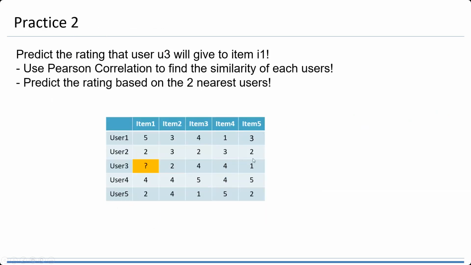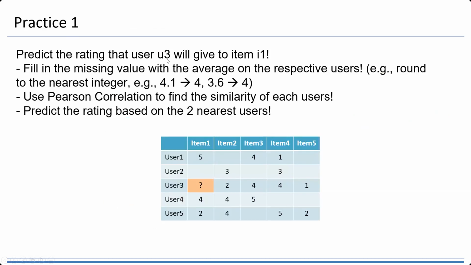The number of readings is similar, but for practice number 1, we need to fill in the missing value. How to fill in the missing value? I give you this way: fill in the missing value with the average of the respective users.